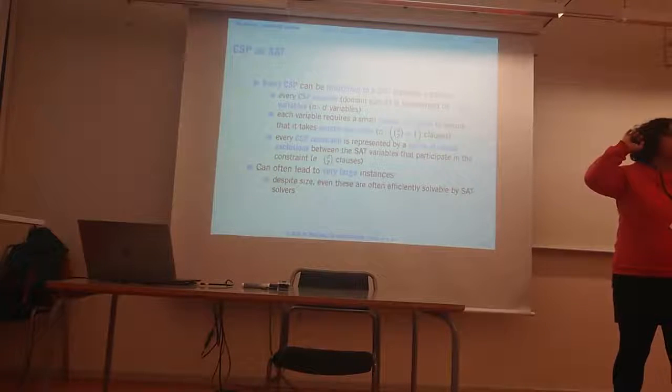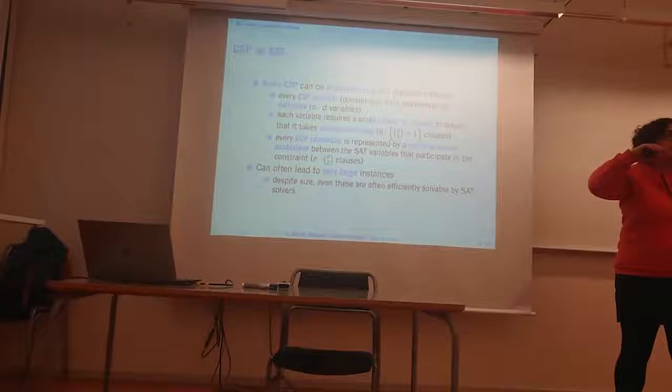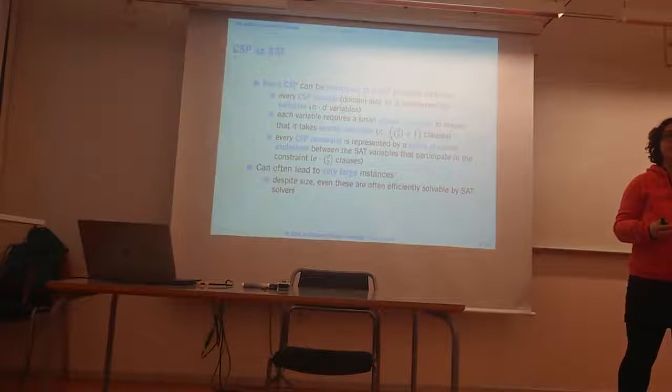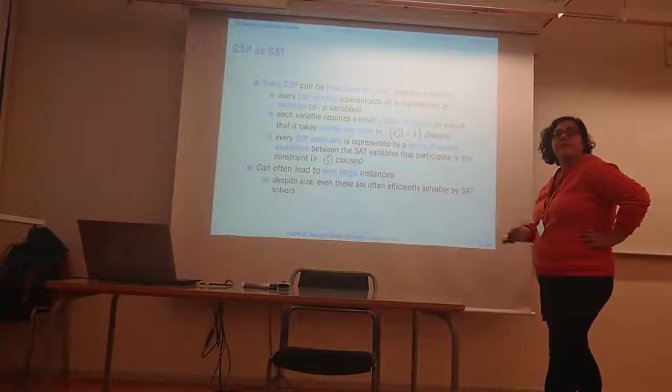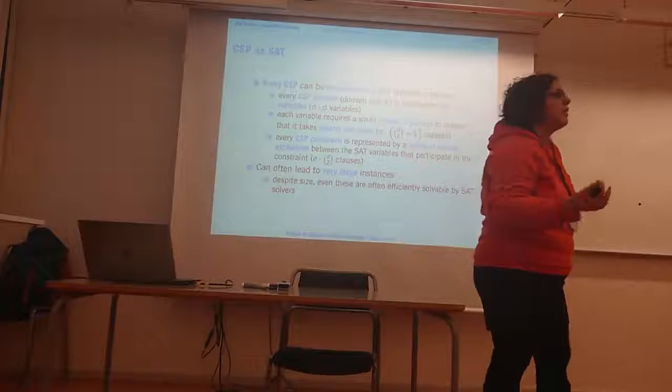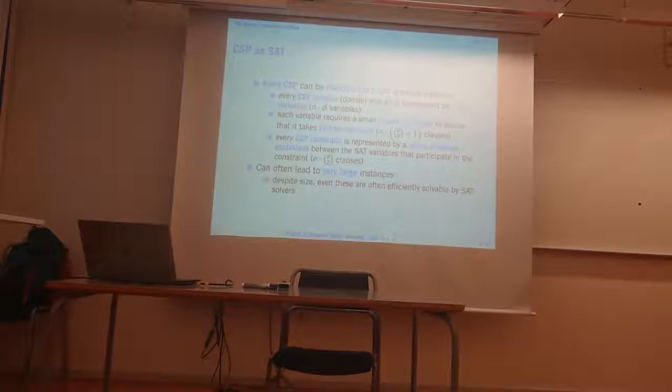So a constraint satisfaction problem is a problem of assigning values to variables such that all constraints are satisfied. And SAT was the same thing. SAT is also a CSP where the variables are Boolean variables and the value could be true or false. The problem is to assign values to all those variables such that all constraints are satisfied, if those constraints are represented as CNF. And what was CNF?